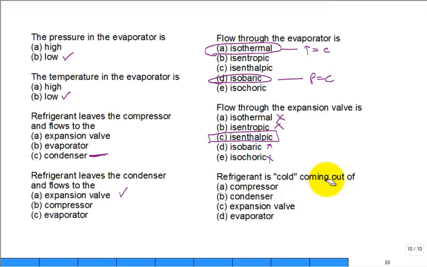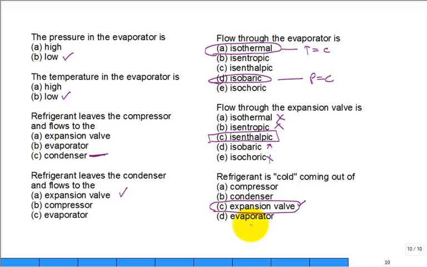And then last one, refrigerant is cold coming out of the expansion valve. All right, it's cold coming out of the expansion valve. That's one of the two correct answers up here. Who said that one?